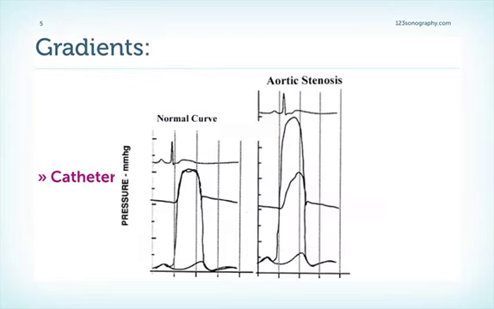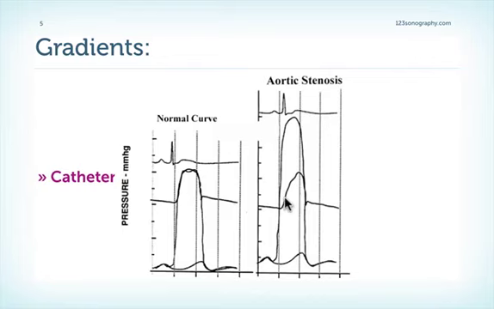So in the cath lab, we can directly measure the pressures in the left ventricle and in the aorta, either simultaneously or by pullback method of the catheter. These are the simultaneous tracings of the left ventricle. Look at the high pressure here, and in the aorta.